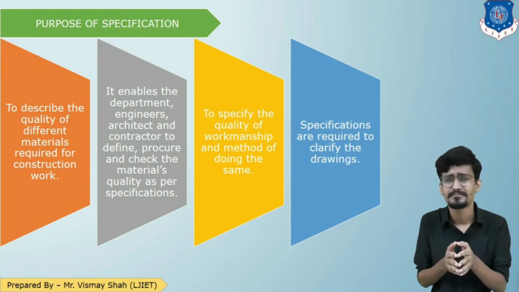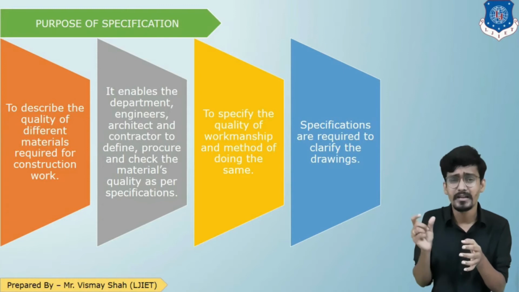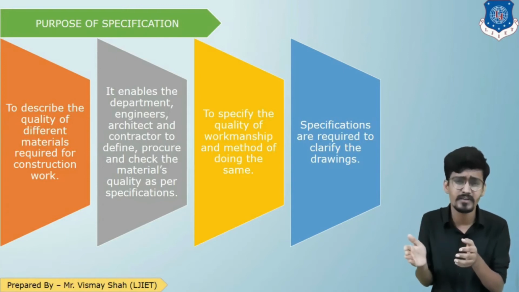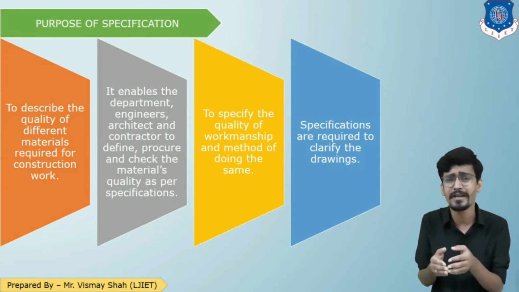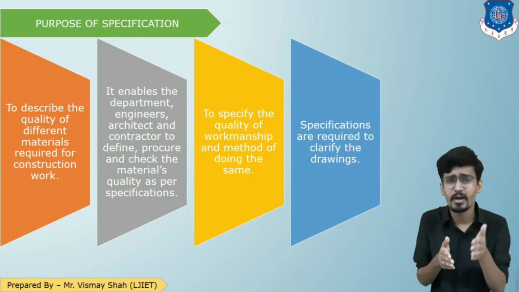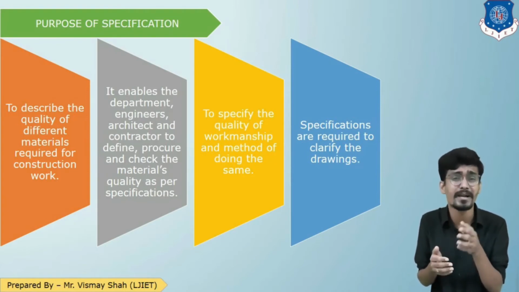The next is, specifications are required to clarify the drawings. As we have already discussed with the example of concrete, in general in the structural drawings, in the corner of the drawing, the column is given with remarks in which the grade of the concrete and the proportion of the concrete are given, but the method of preparation, method of curing, and when to dismantle, these kinds of points are written in separate documents.